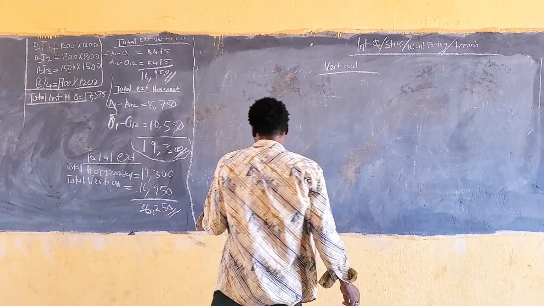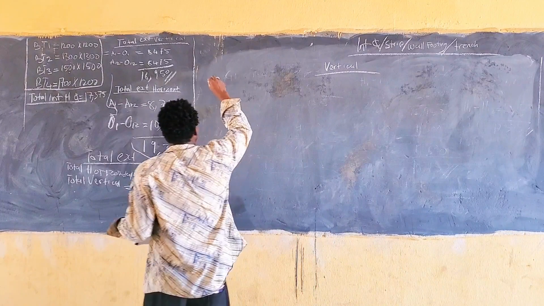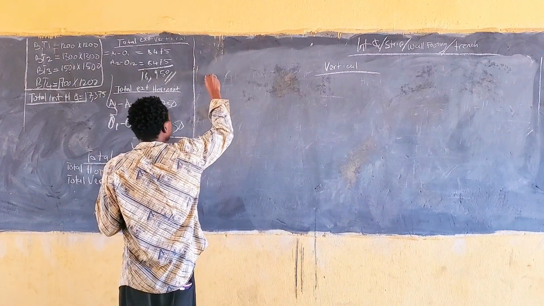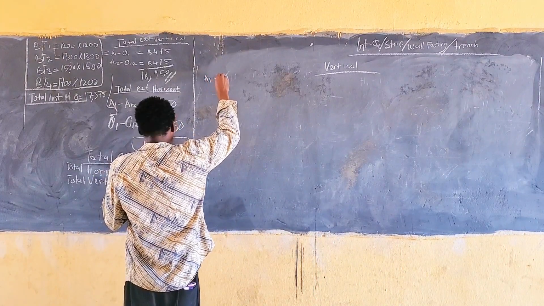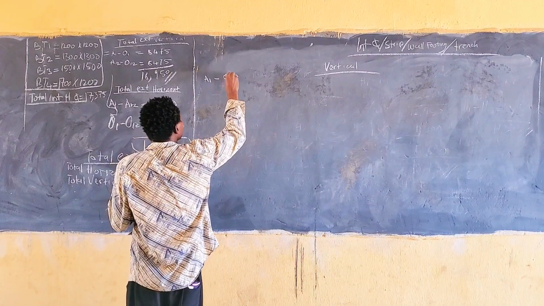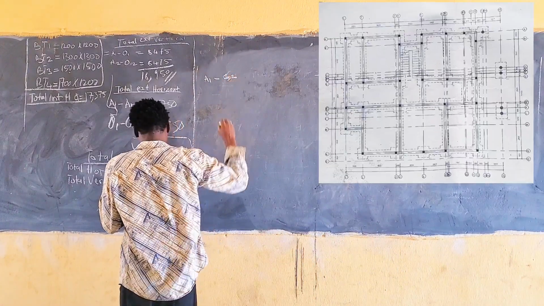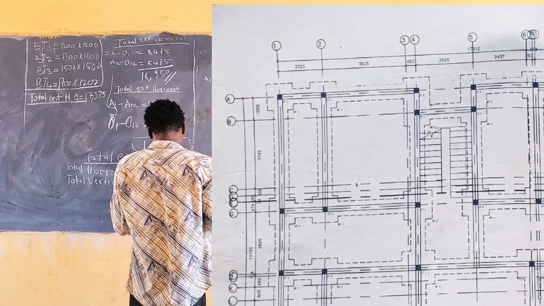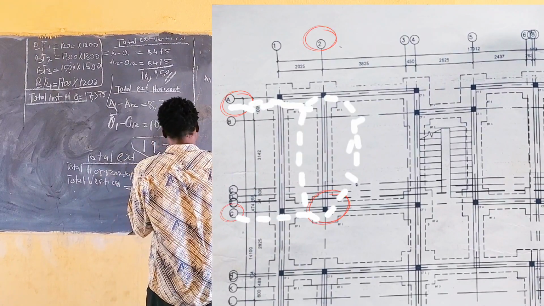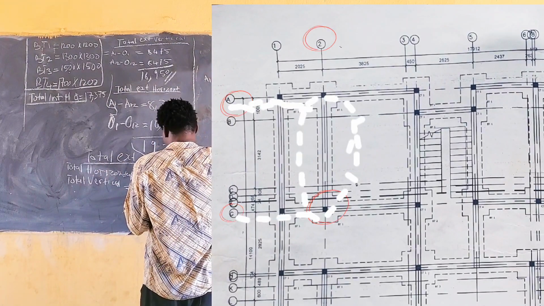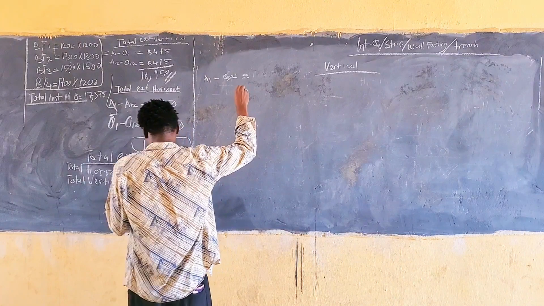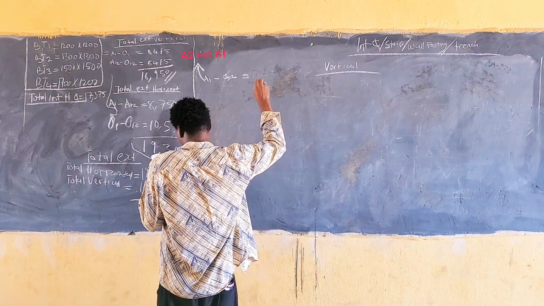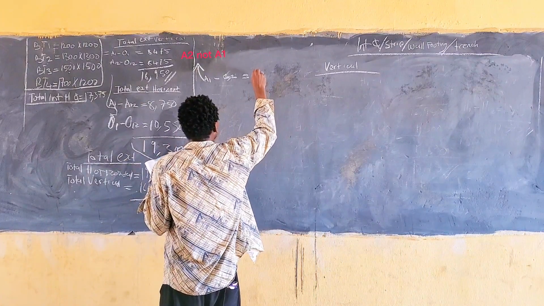So from A1 to G2 will give us, we'll sum up all the dimensions.